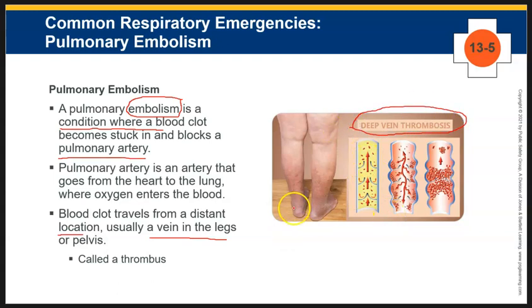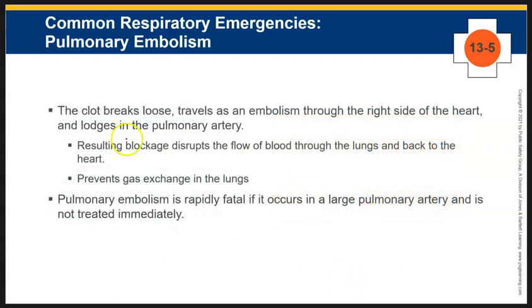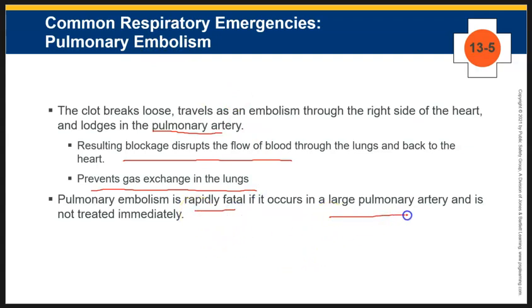And that can occur, for example, in someone who is seated on a long airplane flight for too long, and a clot develops in their legs and then travels and obscures a pulmonary artery. That blockage disrupts flow of blood through the lungs and back to the heart, and therefore prevents gas exchange and becomes a respiratory emergency. It can be rapidly fatal if one of the larger vessels is blocked.